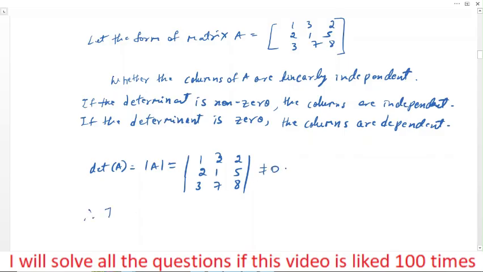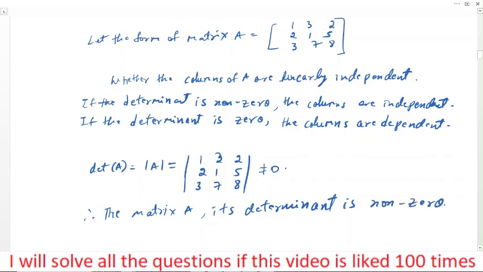Therefore, the matrix A, its determinant is non-zero. Please remember this, students. The columns are independent.